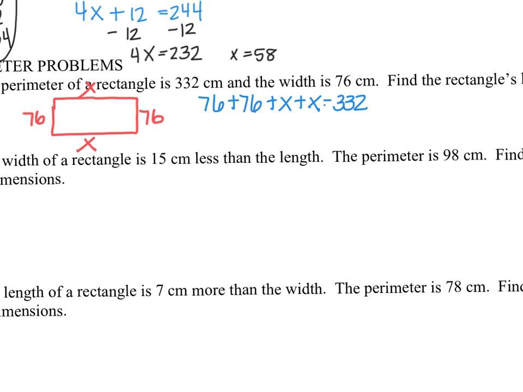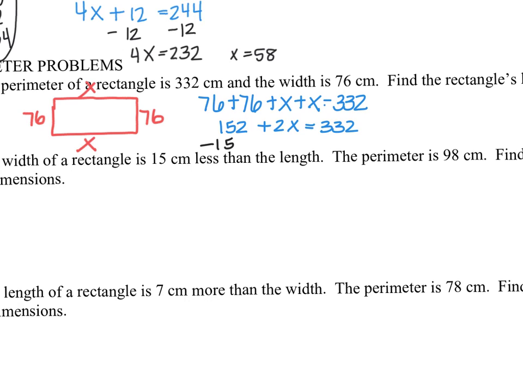Combine like terms. Put your x's together, put your numbers together. 76 plus 76 is 152 plus 2x equals 332.